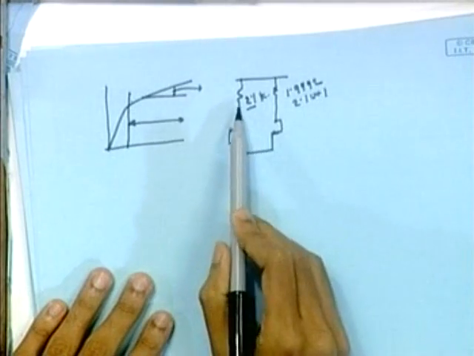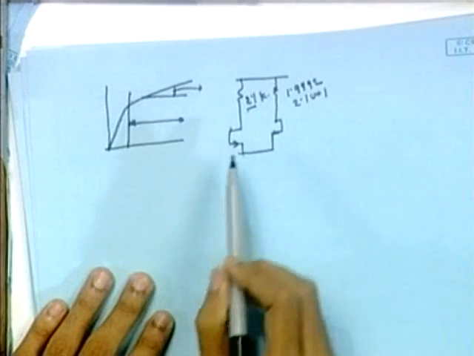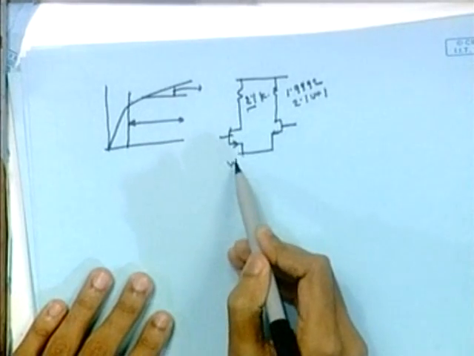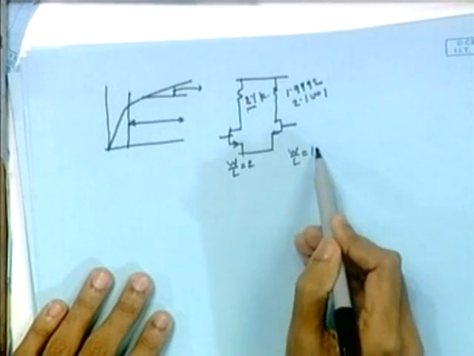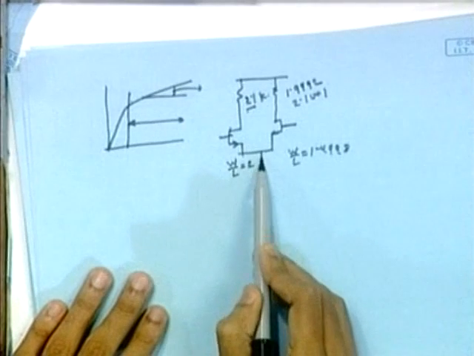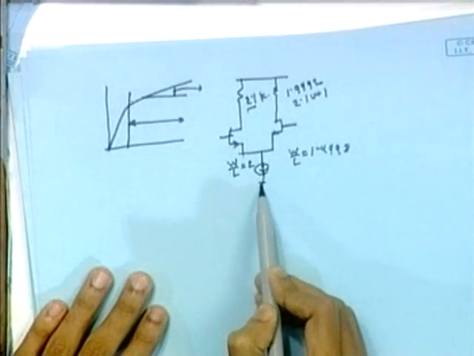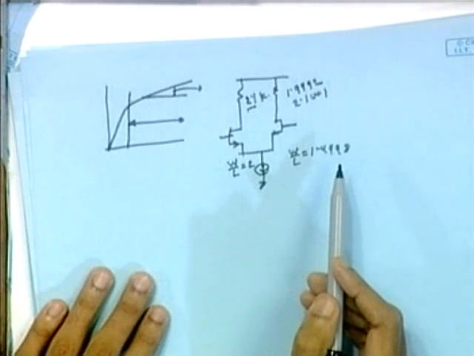So it is impossible to get exactly symmetrical resistances here and here, as well as the transistors, because the W by L may be 2 here, but here it might be 1.9998. So this mismatch also induces some non-ideal effects to our differential amplifier.